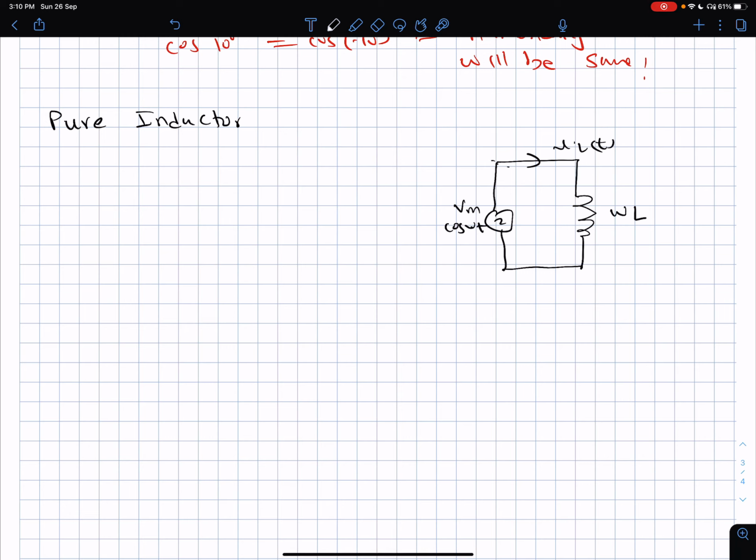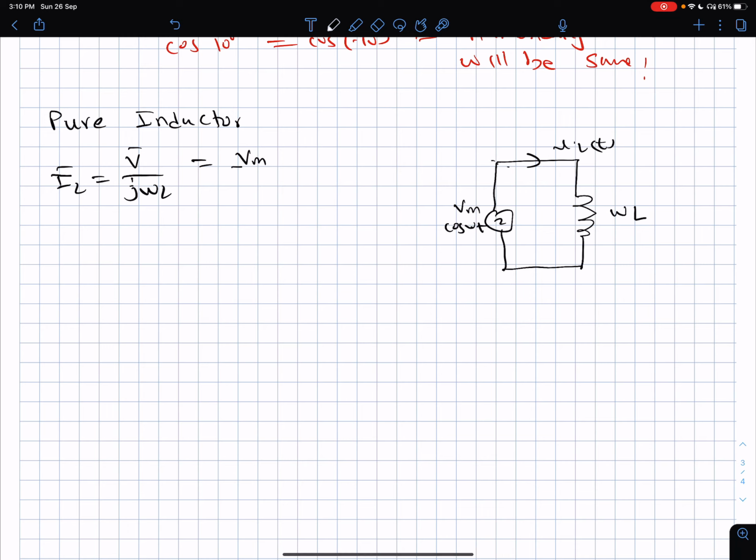The inductor current phasor is going to be the voltage phasor divided by the impedance of the inductor, which is nothing but the reactance of the inductor, j omega L.